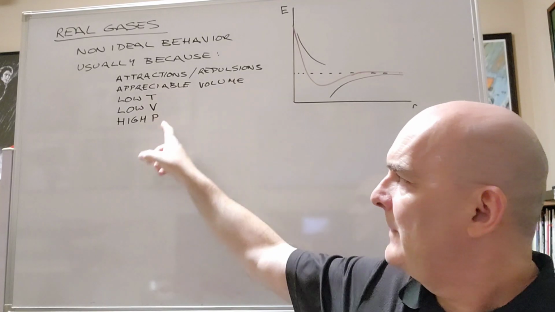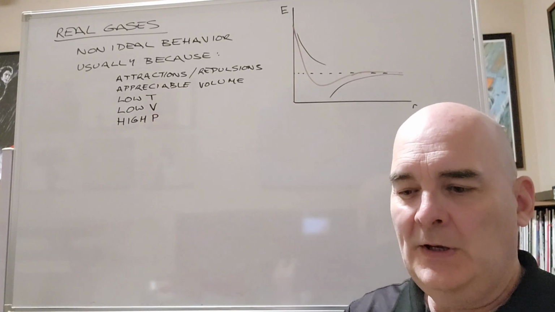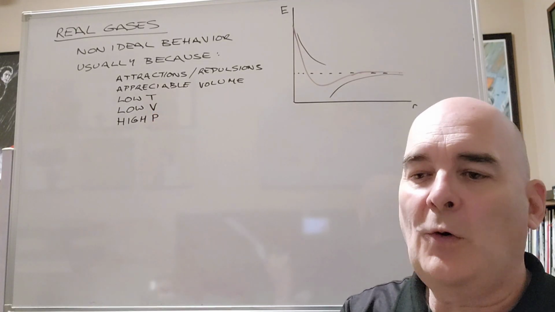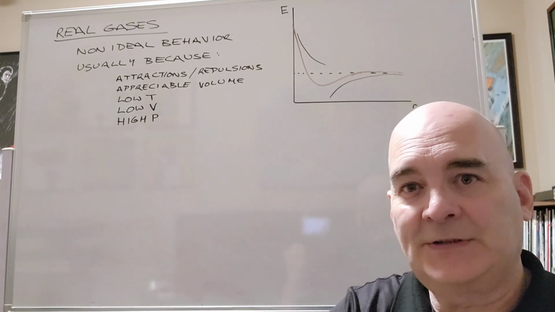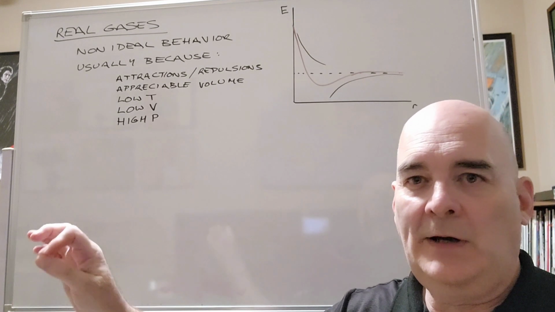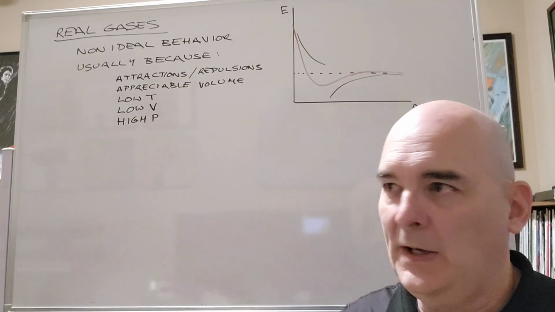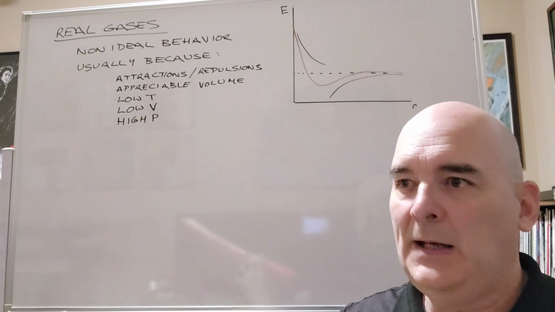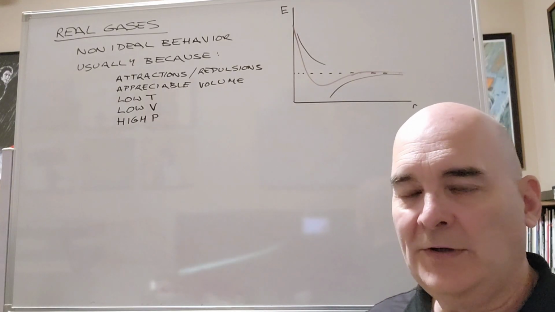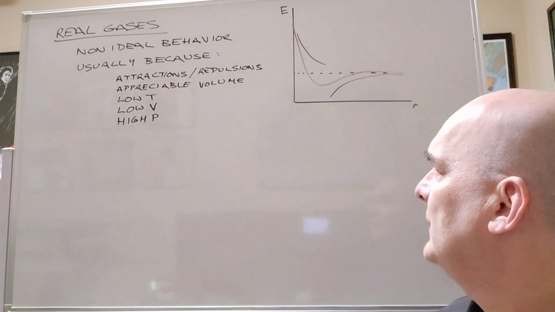These low temperatures, high pressures, and low volumes are the places where we're going to have a phase transition from being a gas into being a liquid, where in a gas there are no intermolecular attractions, and in a liquid there are significant intermolecular attractions.